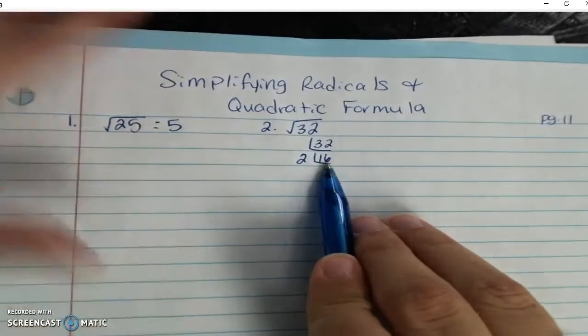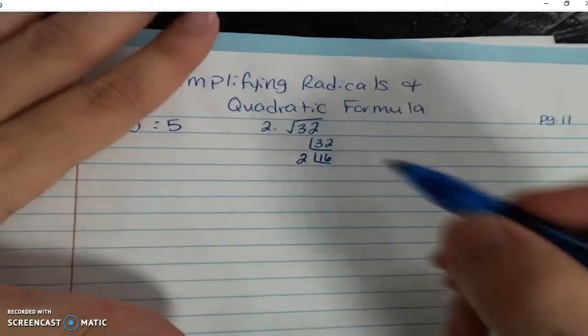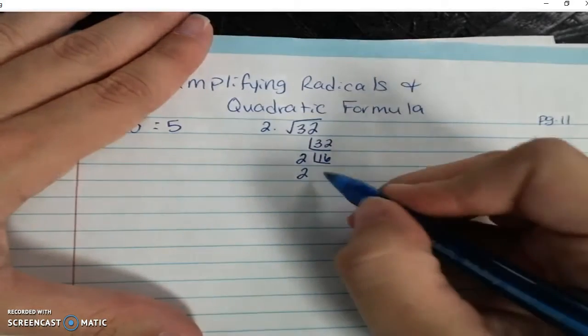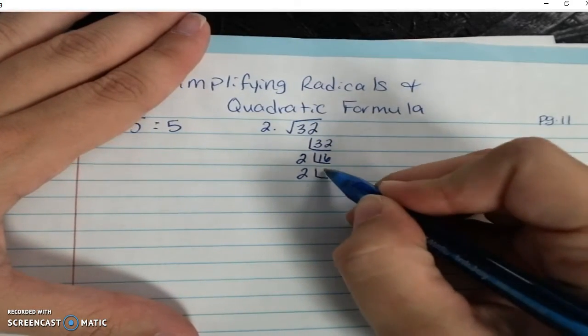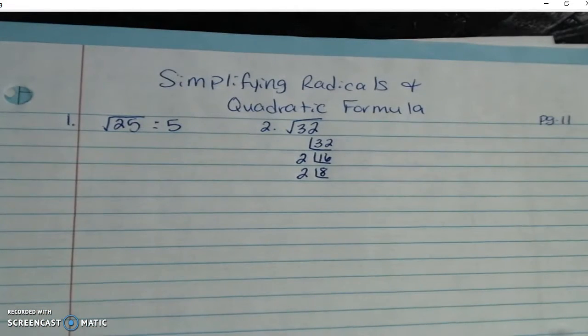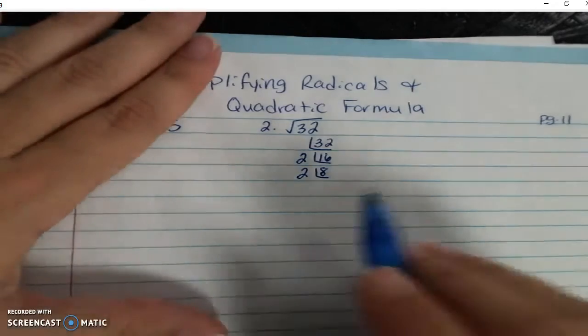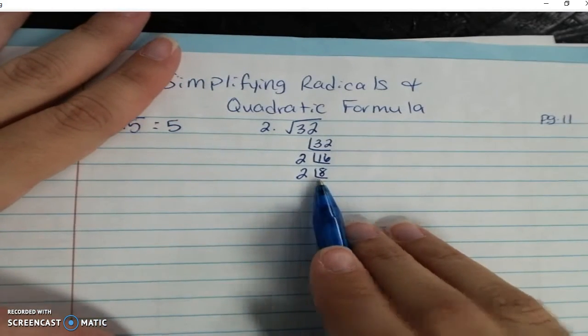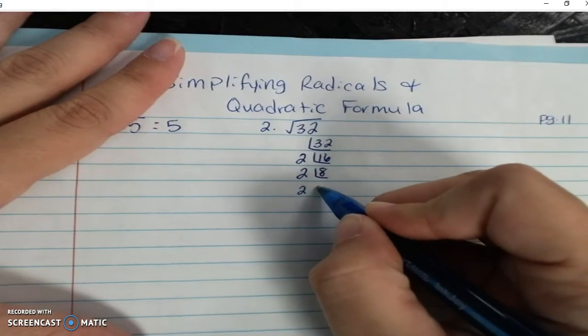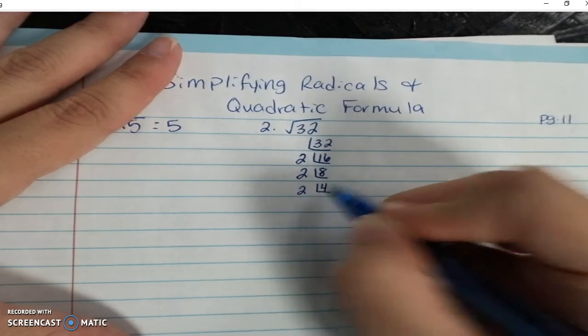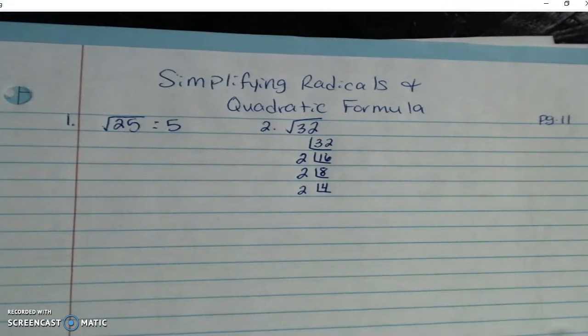So now I have 16. Does 2 go into 16? Yeah. How many times? 8. Good. So now I brought the 2 out. I still have the 8 inside. Okay. Does 2 go into 8? Yeah. How many times? Does 2 go into 4?